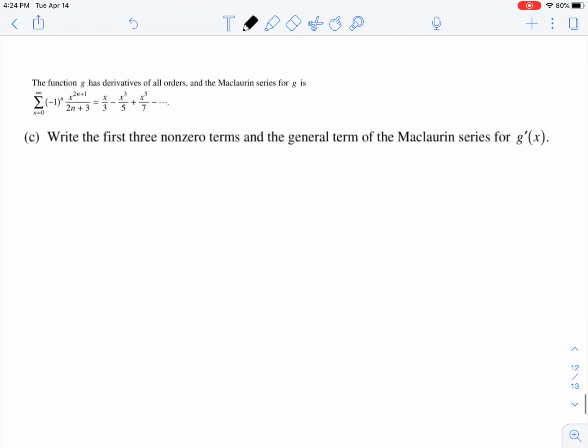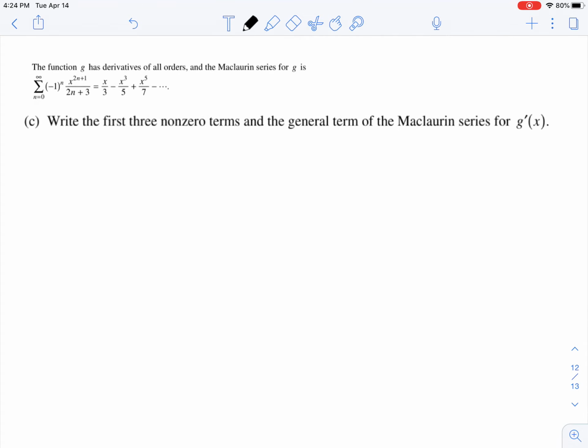Now, the final part here is to simply just write the first three non-zero terms and the general term of this Maclaurin series for g prime of x. So we're going to start off with the easy part, which is just to find the first three non-zero terms. Well, g prime of x, and we're just going to do term by term differentiation. We're just going to find the derivative of each term here. So the derivative of x over 3 is just going to be the coefficient, 1/3.